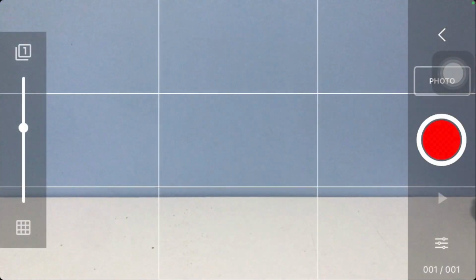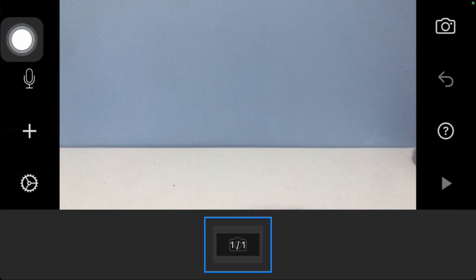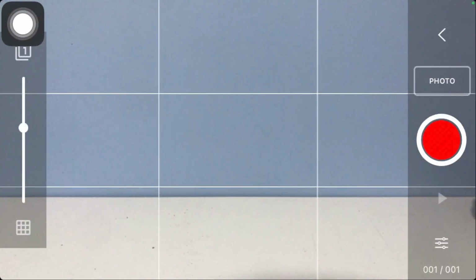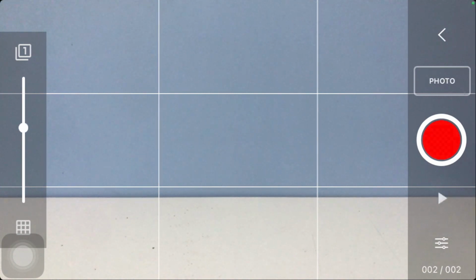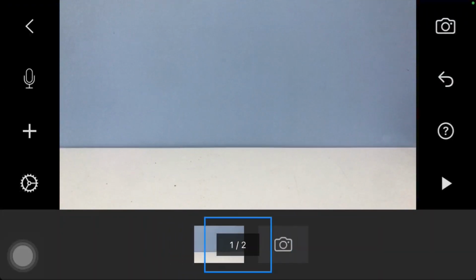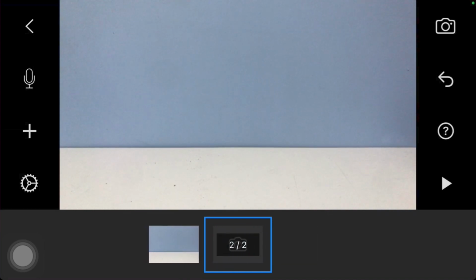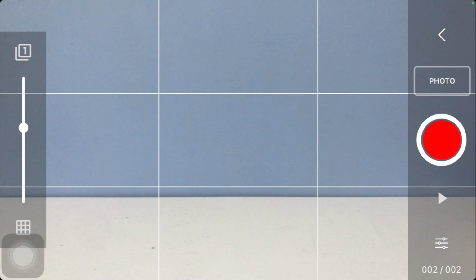Then in this red button we can take the picture. And we will have here our pictures. So here we have the 2/2 frames.